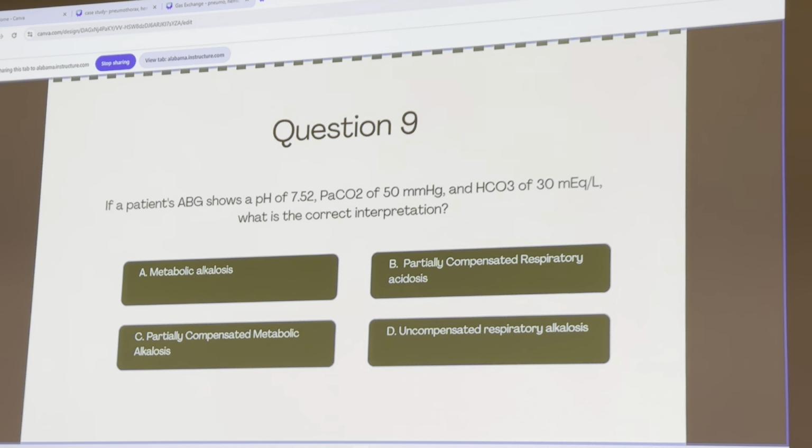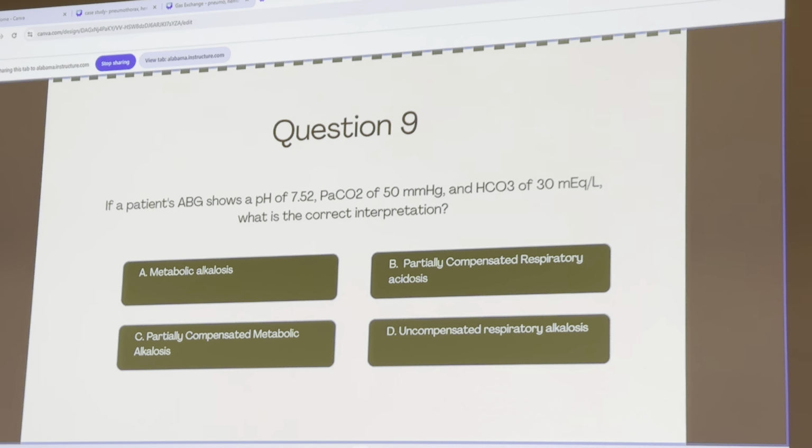I think I got two more. pH is 7.52. CO2 of 50, bicarb of 30. So pH is too high, right? All right, what's my CO2 level? High. Bicarb level? High. Three high values.